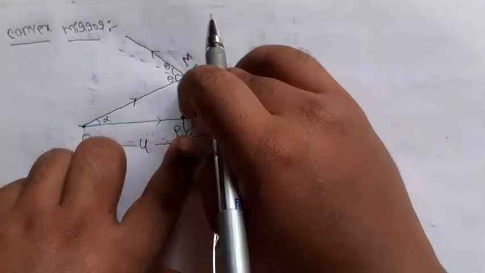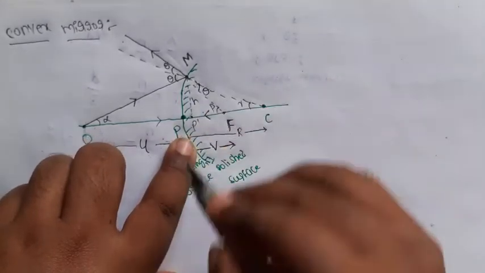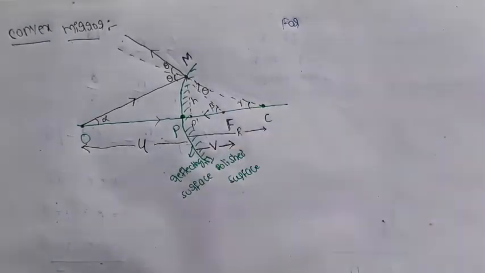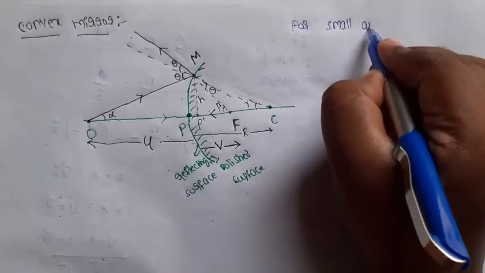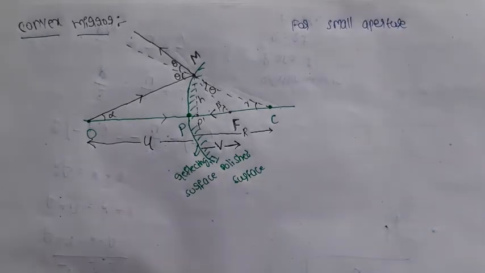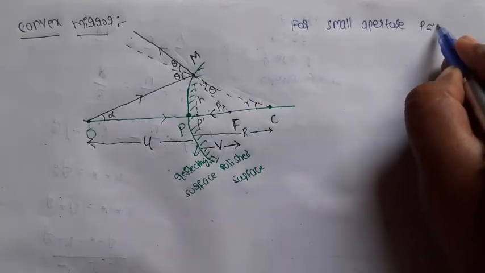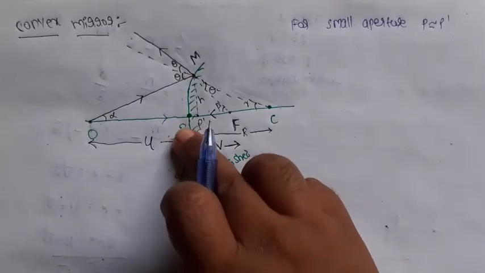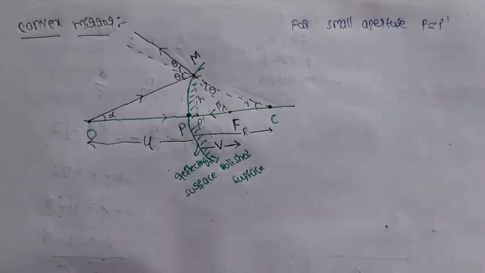So this is one line, so here the angle is theta, and here also angle theta. Next, for a small aperture, P and P dash are nearly equal. Suppose the aperture distance decreases, what happens? P and P dash come close to each other.